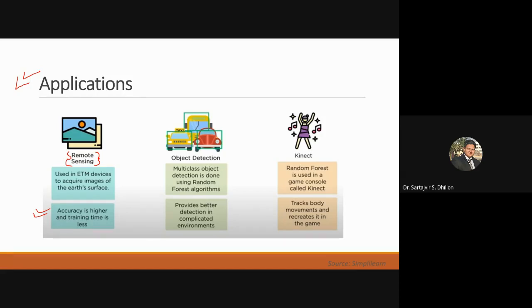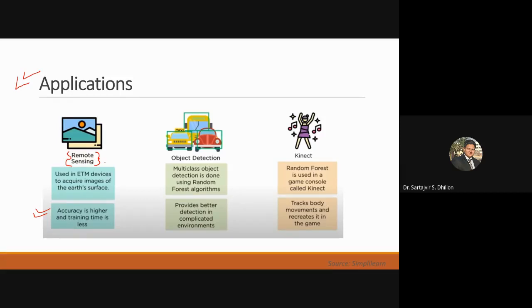Remote sensing images are whatever images are acquired by Google Earth. Google Earth is actually a huge database of Earth images which are acquired by different satellite sensors. That kind of image is referred to as a remote sensing image, and on that remote sensing image, we will apply the classifier.